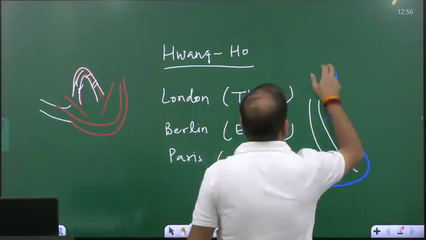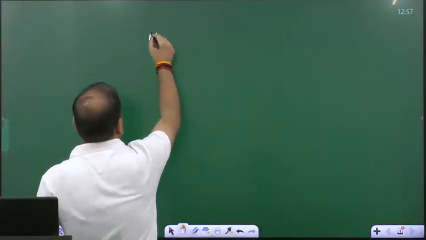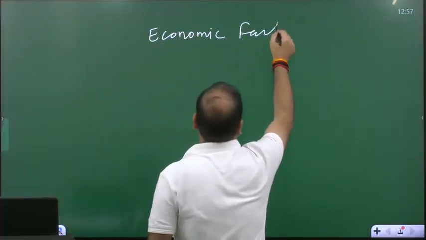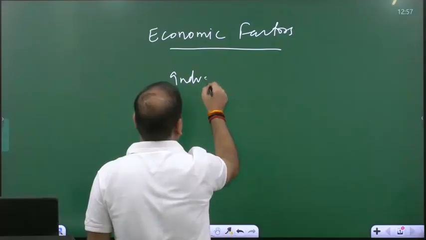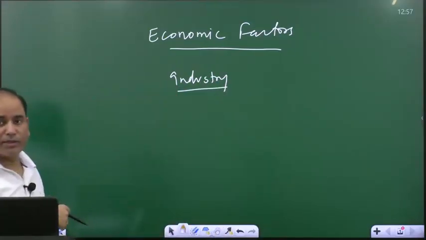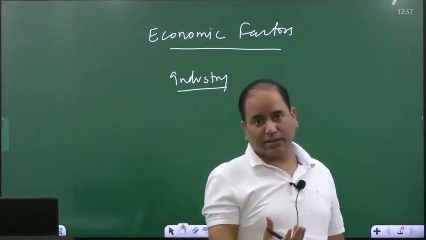So what could be some of the economic factors? Industrialization. Because most of the European population started growing in the urban areas when they started setting up industry.